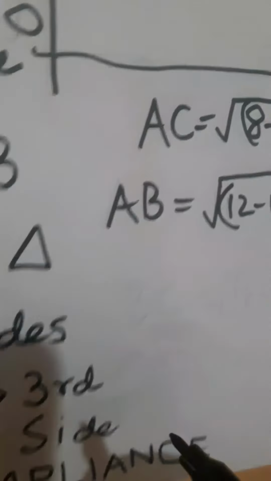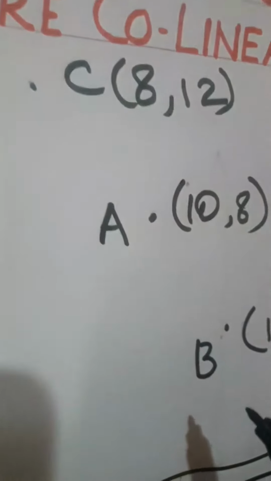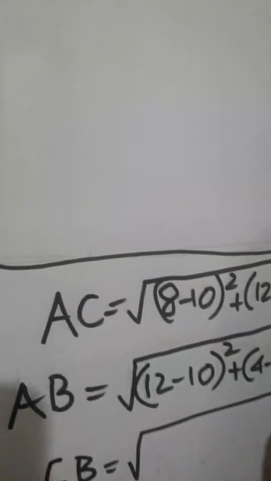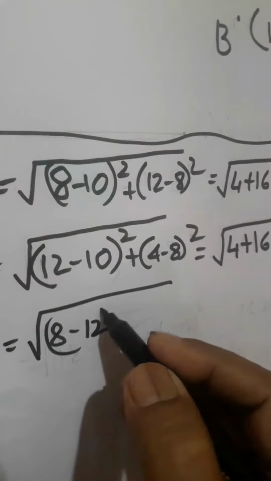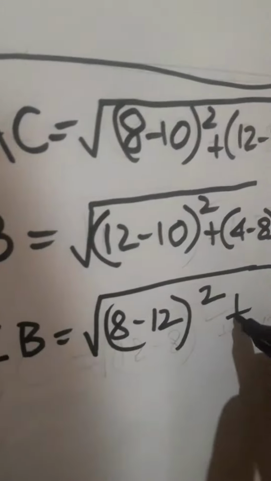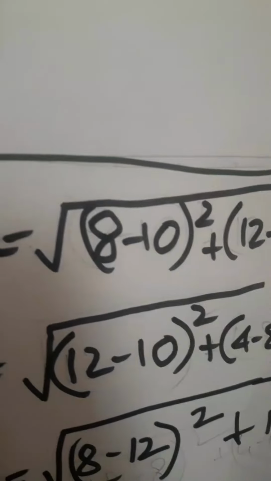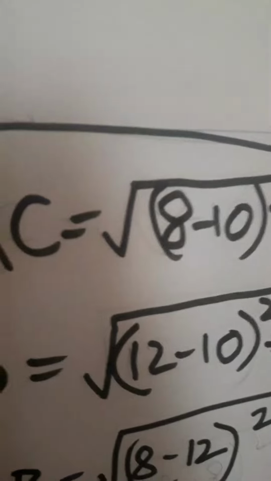Now we shall go for the last side, that is CB. So what will be CB? CB will be root of 8 minus 12 whole square plus 12 minus 4 whole square.